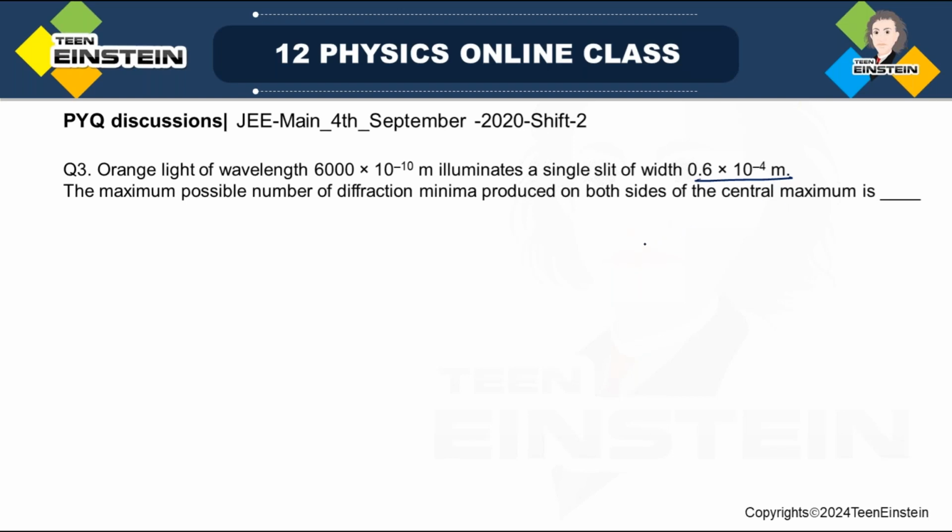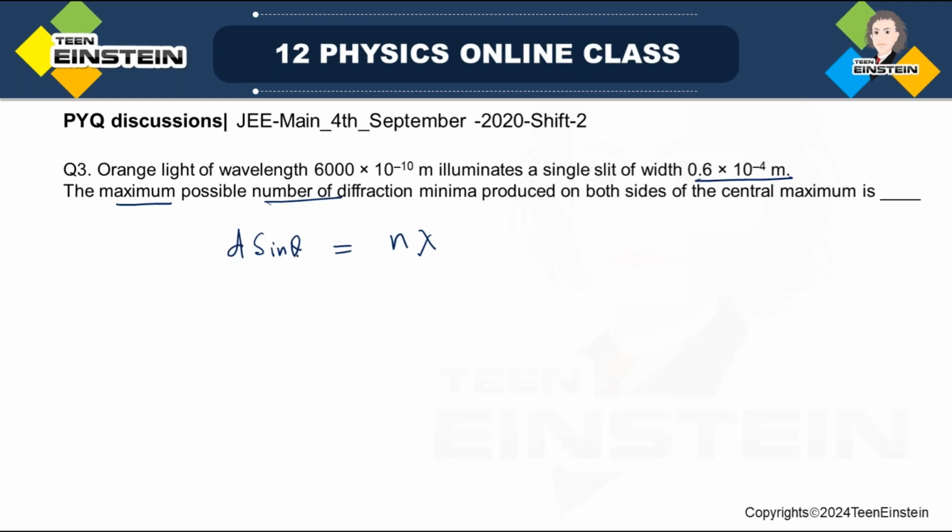Okay, so you can see this is from single slit diffraction. d sine theta is equal to n lambda. So in this case we have to find out the maximum possible number of diffraction minima. That means this n you have to find out.